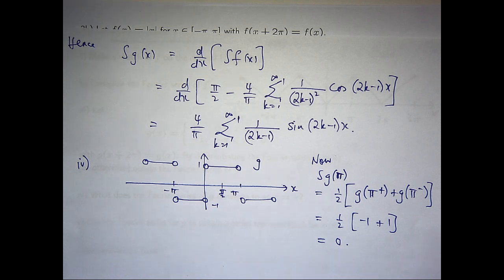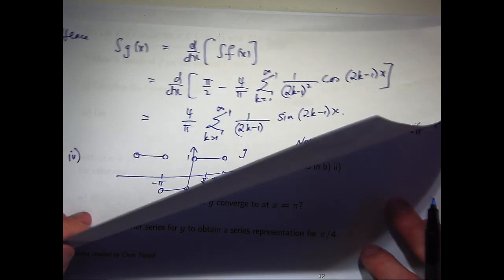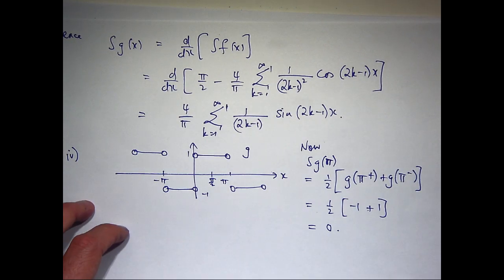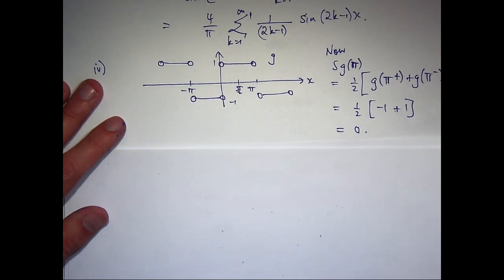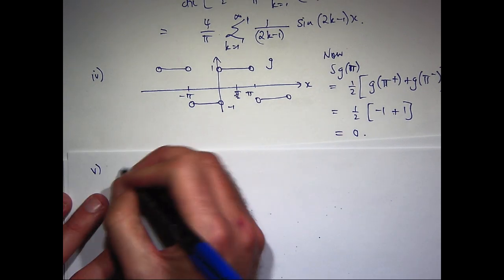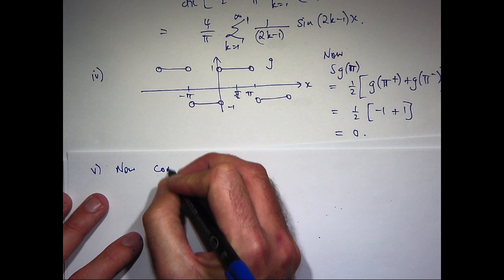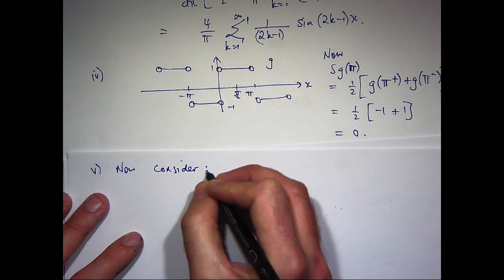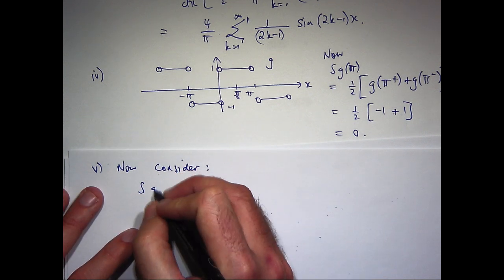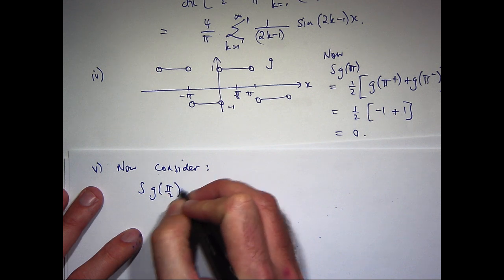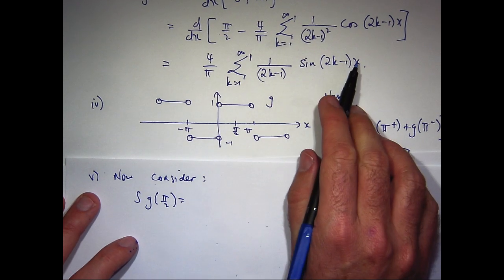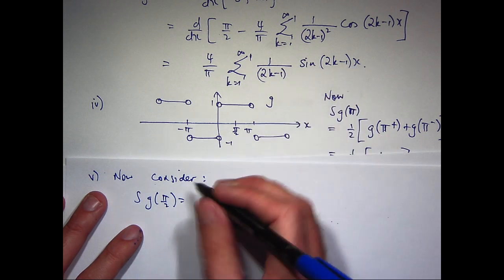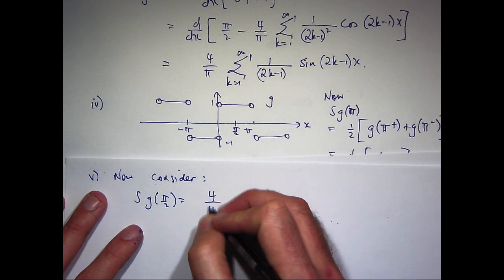Sometimes there are other simpler choices, but that one is enough for this particular question. So let me show you. Okay, so if I go up here and I plug in x equals pi on 2, I'll get some series of constants.